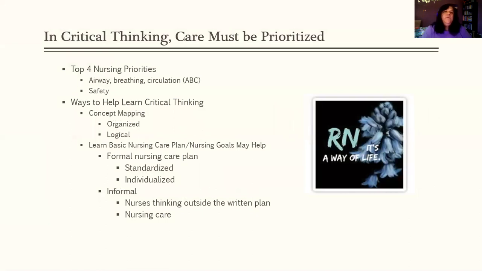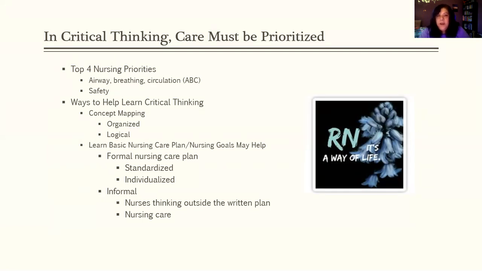When we think of critical care in nursing or critical thinking in nursing, we have to prioritize the care. So always in questions in nursing, there's 4 top nursing priorities. It's always what's going to kill them first, right? So airway, breathing, circulation. So we call that the ABCs. But now the American Heart Association said, well, maybe it's CAB, circulation, airway, breathing. Any way you remember it, it doesn't matter.